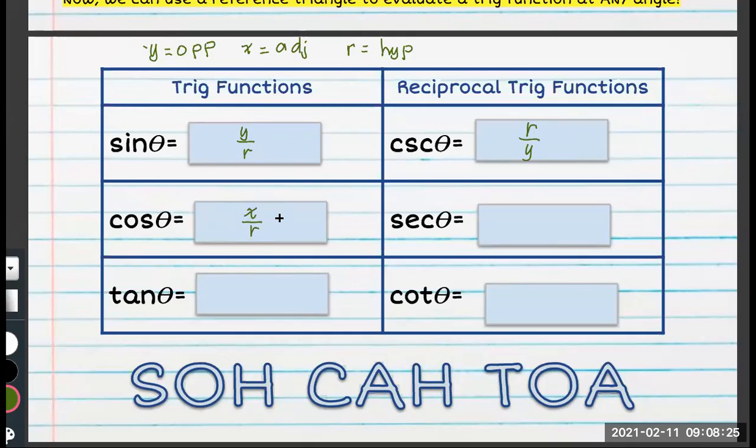So cosine is x over r, and its reciprocal, which is the secant, would be r over x. Then your tangent theta is opposite over adjacent, TOA. Opposite is y, and the adjacent is x. And therefore, its reciprocal, which is cotangent, would be x over y. All right?